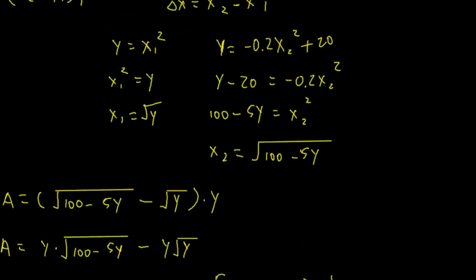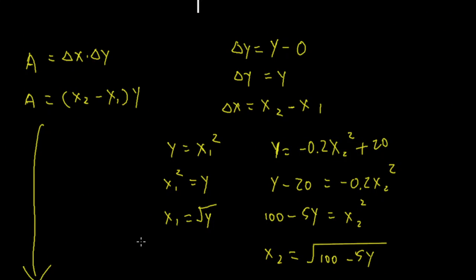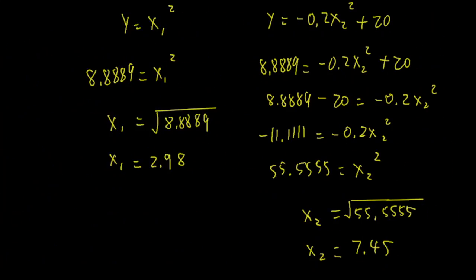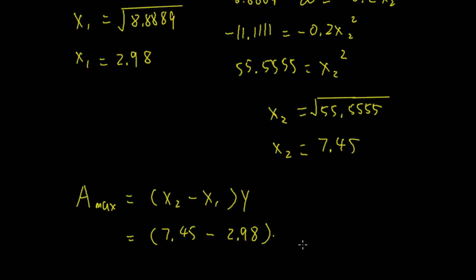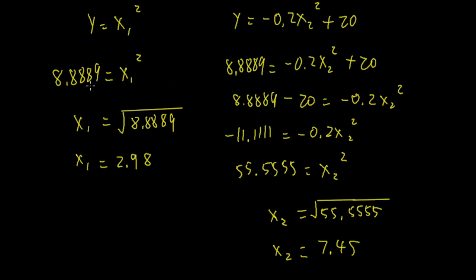Come back to this formula here. The maximum area of the rectangle is x2 minus x1 times y. So the max area is equal to x2 minus x1 times y. x2 is 7.45 minus x1 is 2.98 times y, and y is 8.8889.